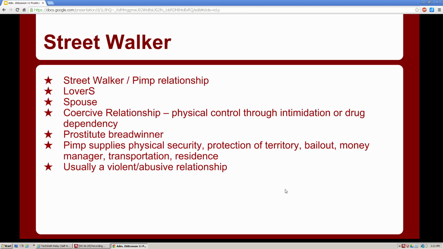But like I said earlier, the pimp supplies physical security, protection of territory, bailout money. He's also the money manager. He's a transporter. He'll take her to her territory by driving her, and he puts her up in a residence. So he supplies the basic monetary needs, the food, you name it. However, she isn't getting any money out of the tricks that she's turning. And the bottom line here is it's usually a violent and abusive relationship.